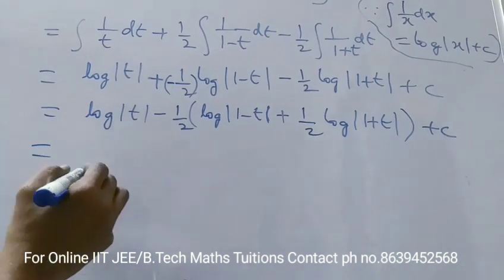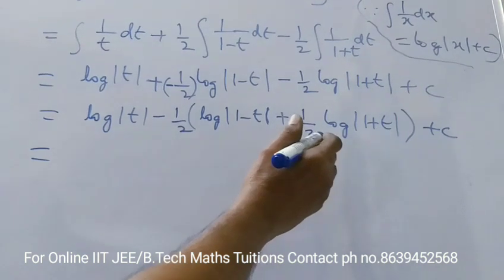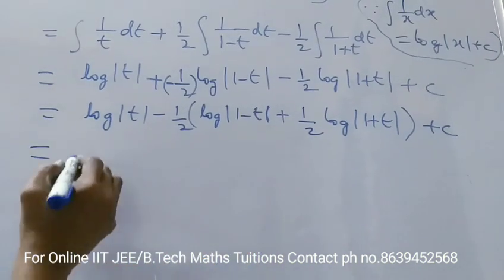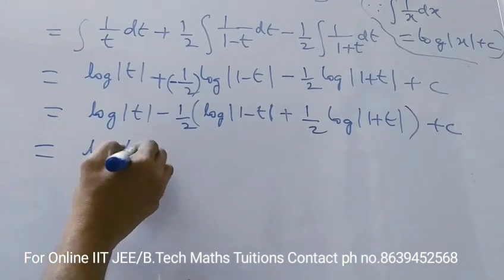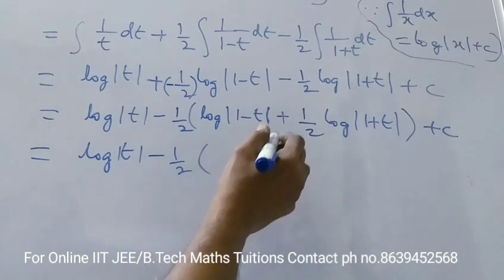Here it seems to be log a plus log b, which becomes log modulus t minus 1 by 2 of log of a plus b.